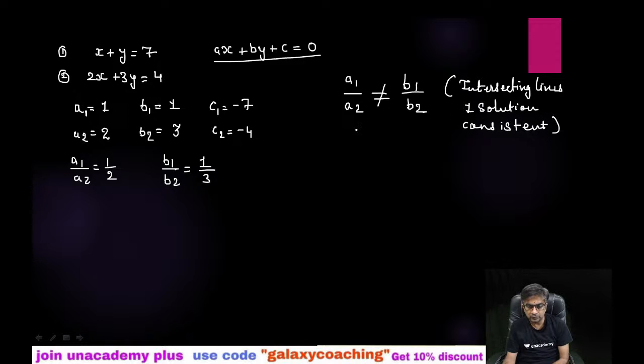Now, if you are getting a1 upon a2 equal to b1 upon b2, then what do you need to do?